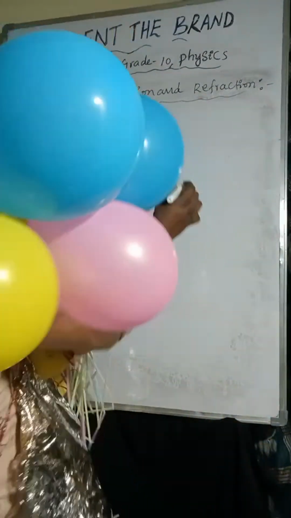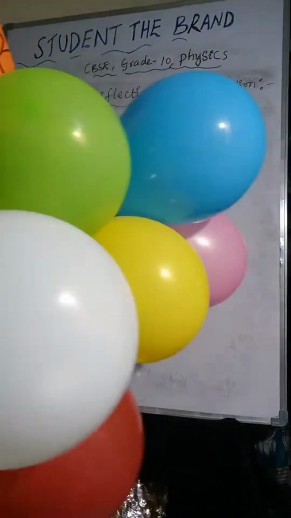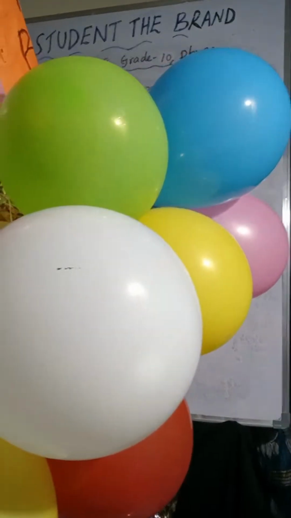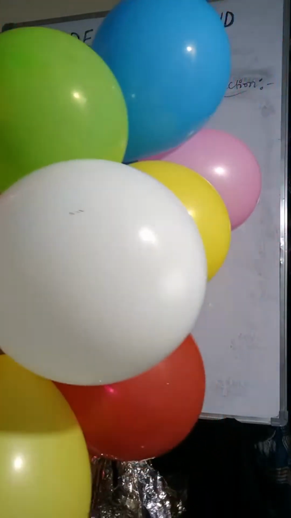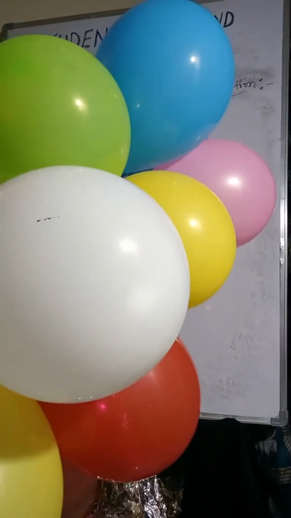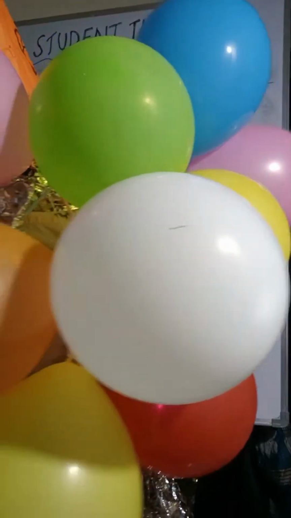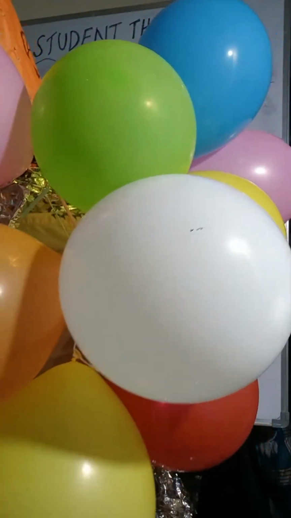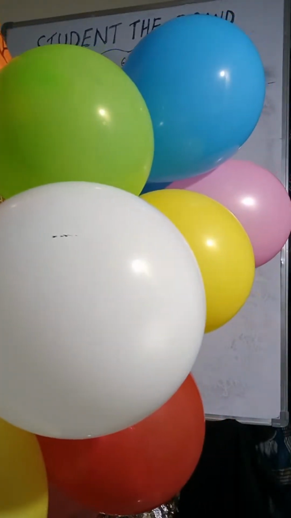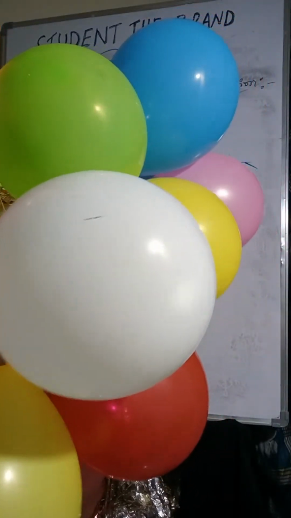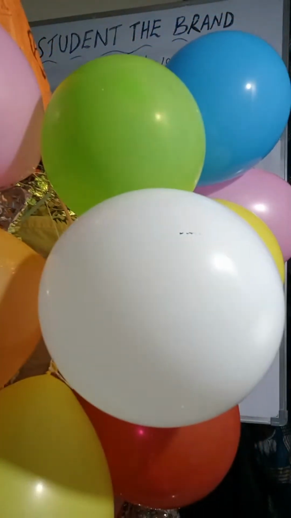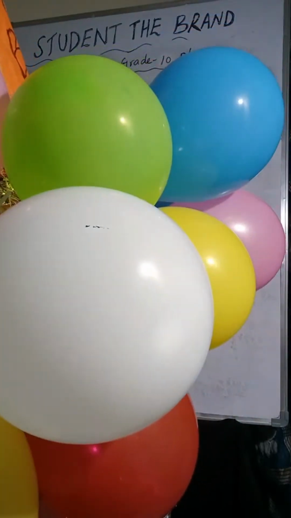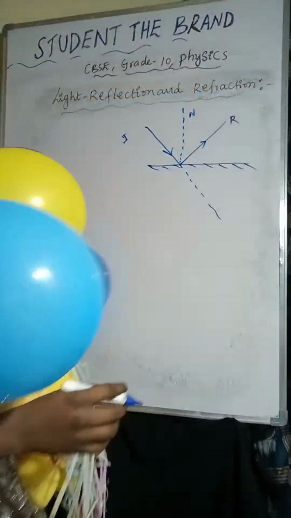So here I am considering the incident ray, reflected ray, normal line. That is the undeviated line.